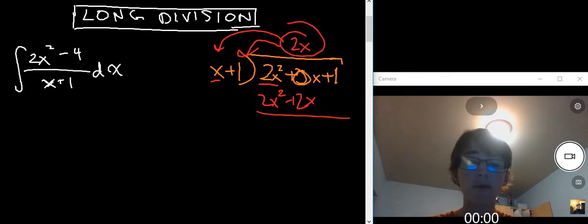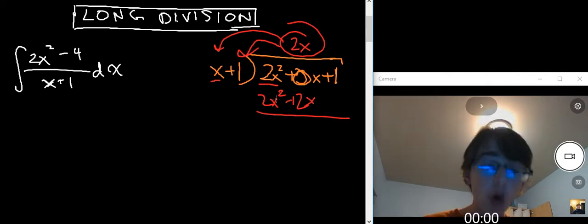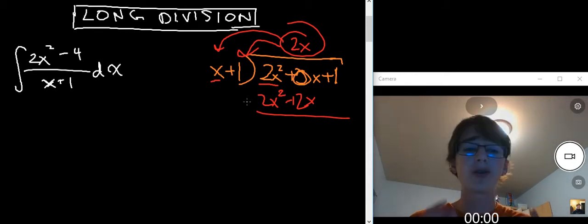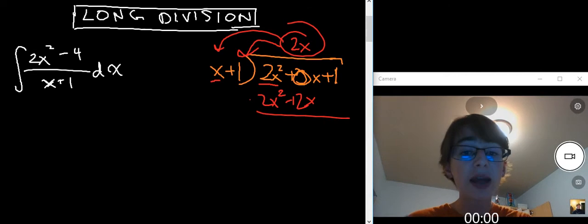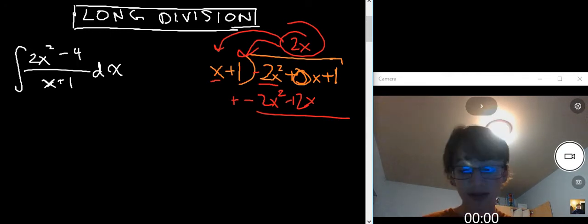Now, this next step, remember, you want to make sure that the highest degree is always canceling out. Normally you're taught when you're doing long division that you always subtract, but because of the variables, you might have, say, a negative 2x squared here, in which case you would have to add in order to get them to cancel, not subtract.